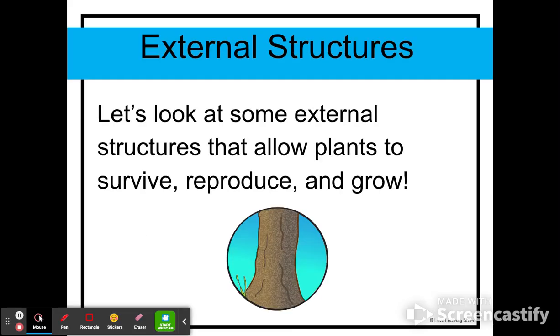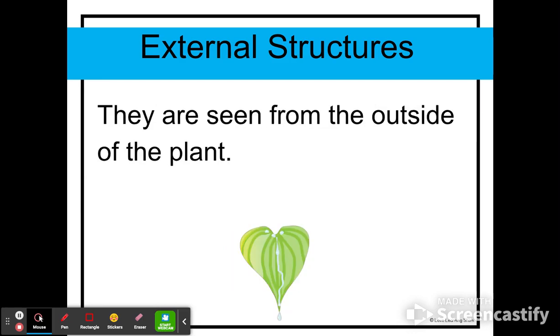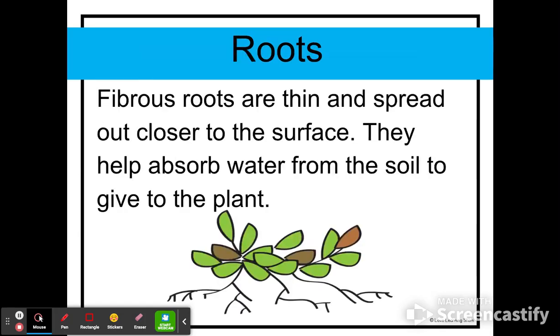Let's look at some external structures that allow plants to survive, reproduce, and grow. Remember, they are seen from the outside of the plant. And some of these examples are roots. Some examples of external structures are fibrous roots that are thin and spread out closer to the surface of the soil.